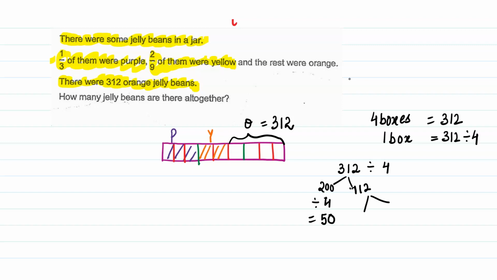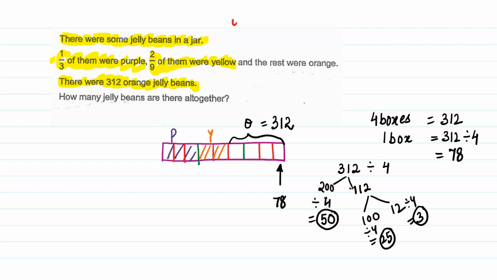Now here also you can break it into 100 and 12. So 100 divided by 4 is 25. 12 divided by 4 is 3. So we are simply going to add these. 50 plus 25 is 75. 75 plus 3 is 78. So one box is equivalent to 78.